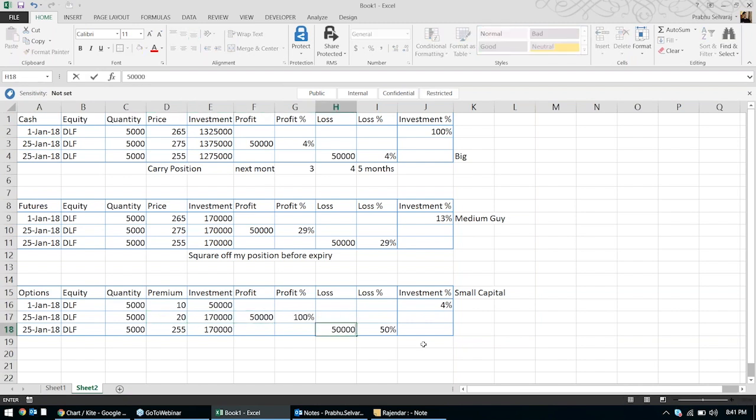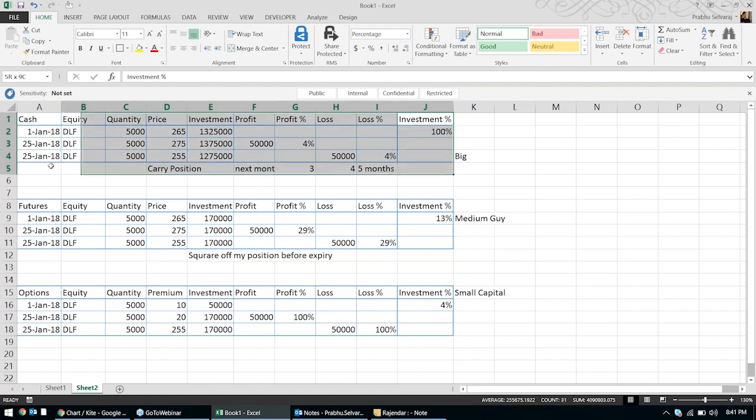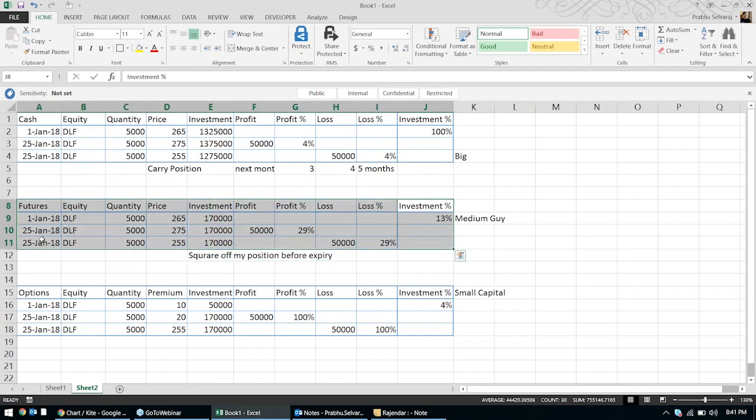Okay, this is much more clear. You need 100% of capital to make your investment. To get 50k profit, you need only 13% of your capital in futures. You need only 4% of your capital to make the same amount of profit in options.